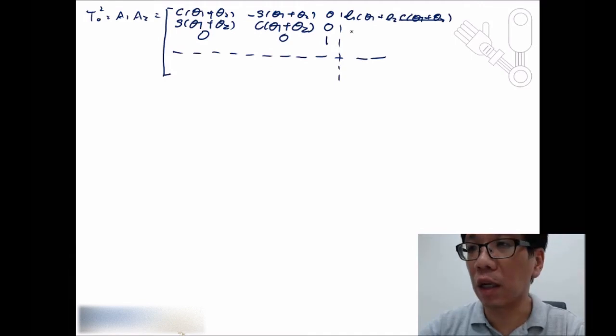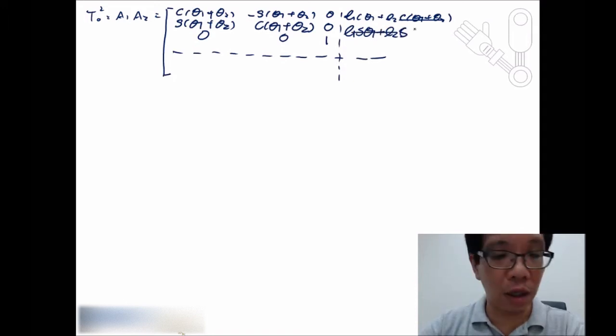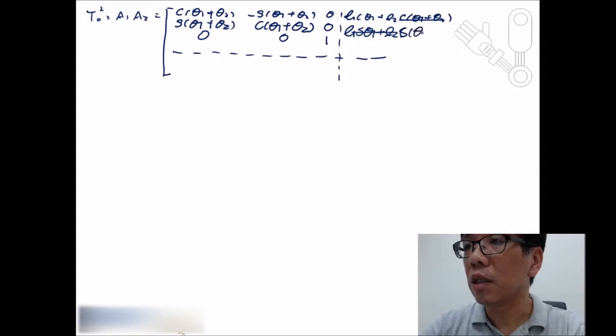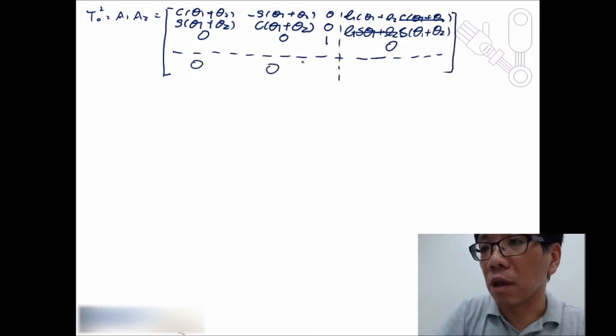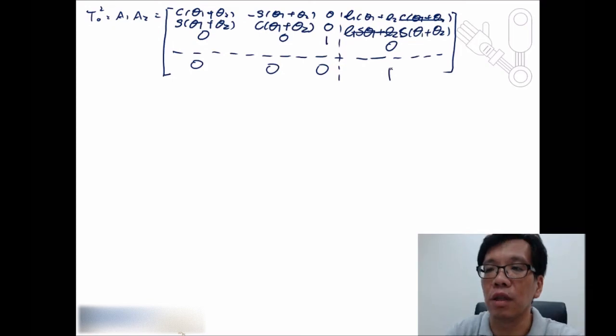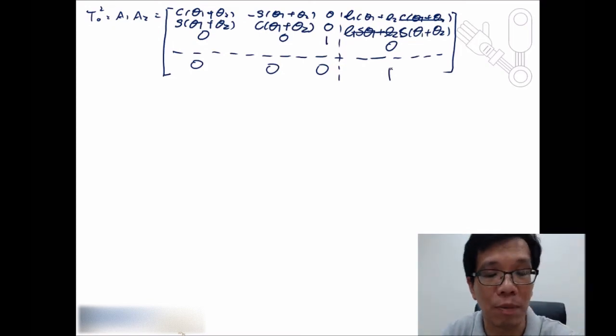Second component over here is L1 sine theta 1 plus L2 sine theta 1 plus theta 2. 0. Of course, there are 3 zeros over here and 1 over here. So this is going to be my transformation matrix.